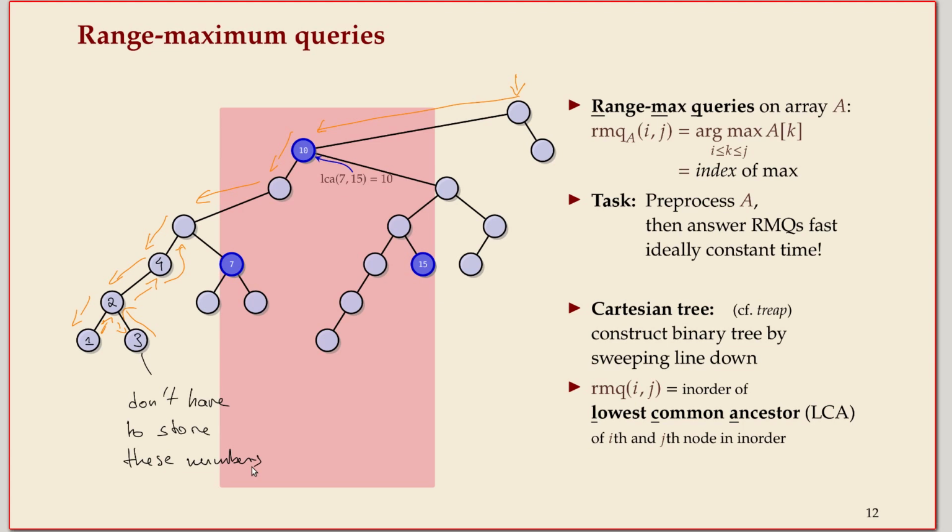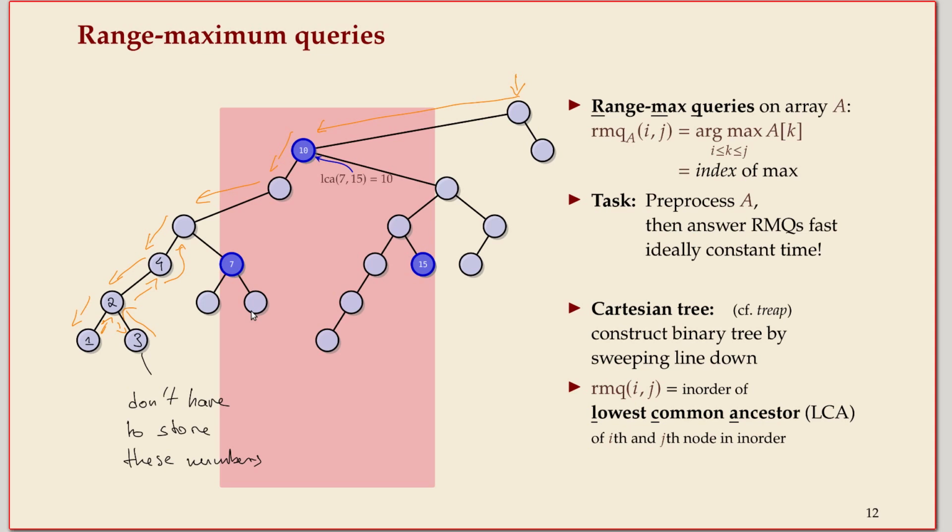We don't have to store them because they're implicitly encoded in the shape of the tree. By just knowing which node is connected to which with a left and a right pointer, we can reconstruct those numbers.